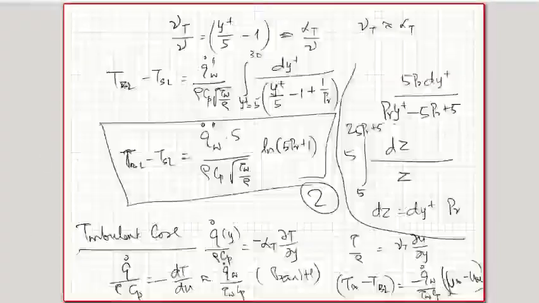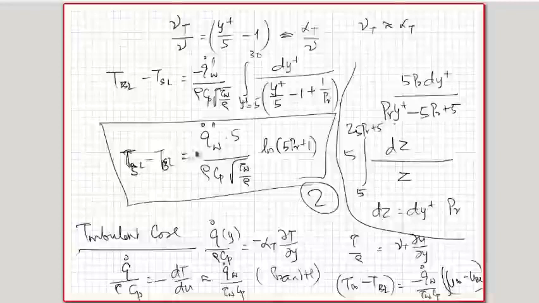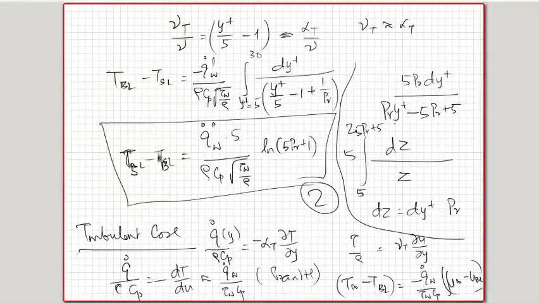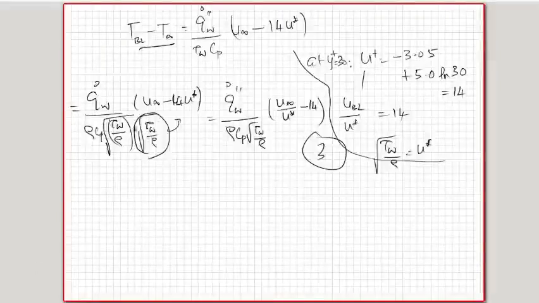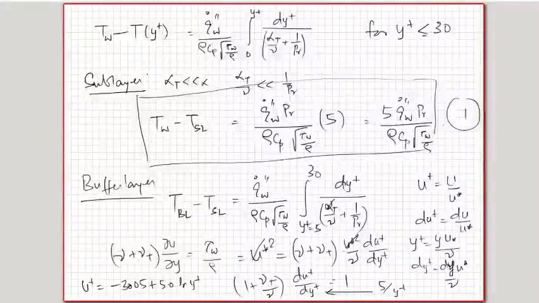And so, okay, TBL minus TSL should have come with a negative sign, so it should have become TSL minus TBL, right? So there is a negative sign here, which should have gotten absorbed here, right? So TSL minus TBL, and finally you have TBL minus T infinity. So if I add all of these, I'll get a Twall minus T infinity.